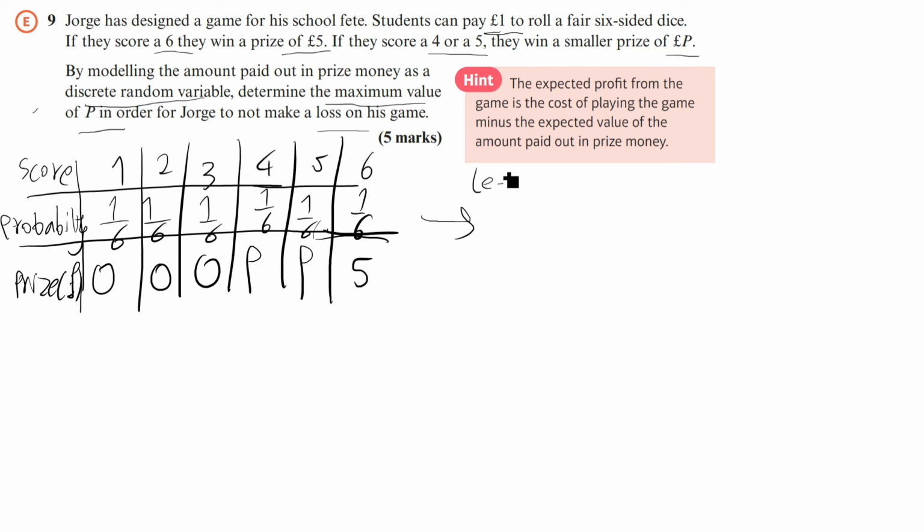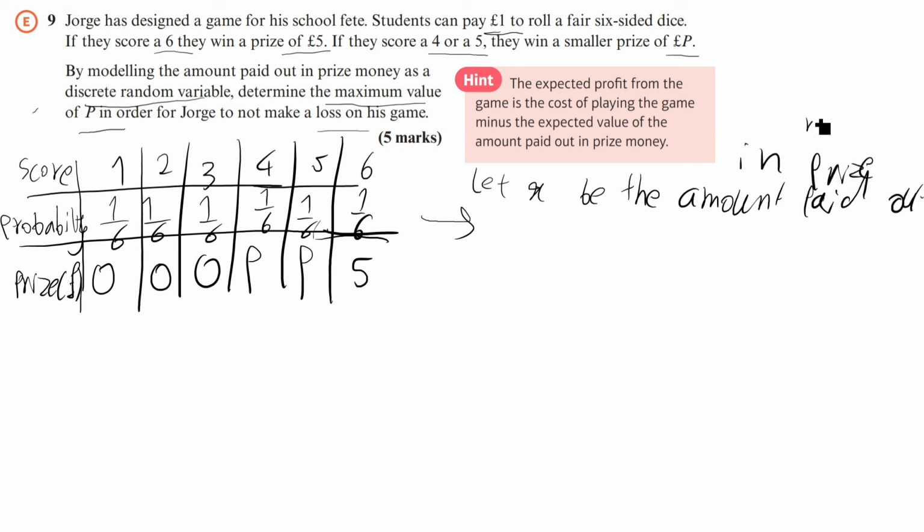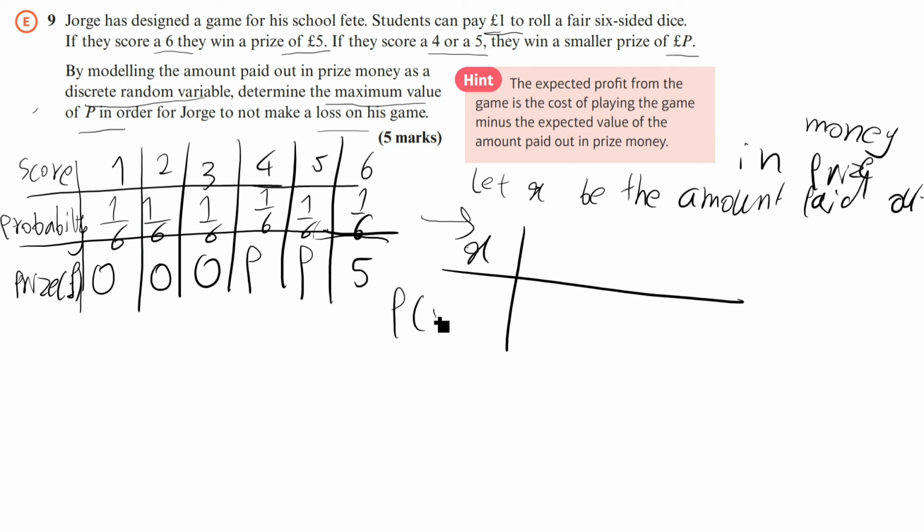Let x be the amount paid out in prize money. It's a bit messy, sorry. Now we draw this table, with x and the probability.